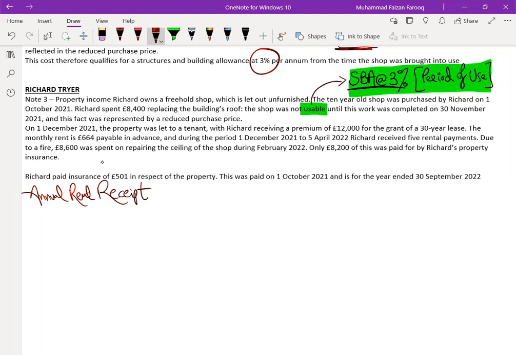For this question, because there is employment income and other topics, we are only going to calculate property income. So first of all, which are you going to use, cash or accrual? We didn't mention anything, so it could be cash. Cash means how much money he got.